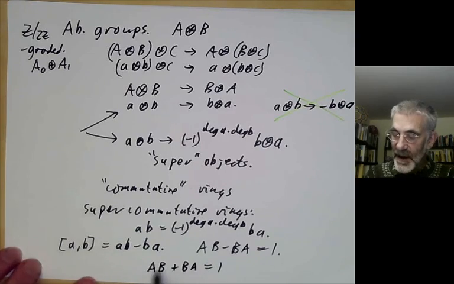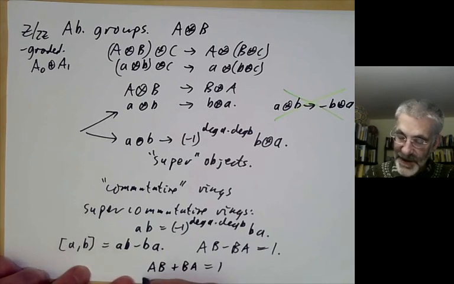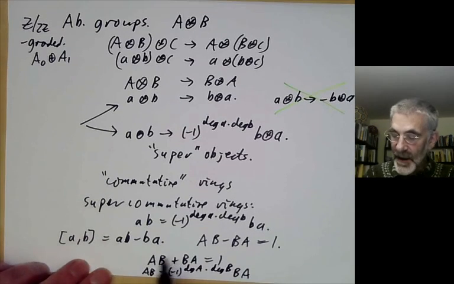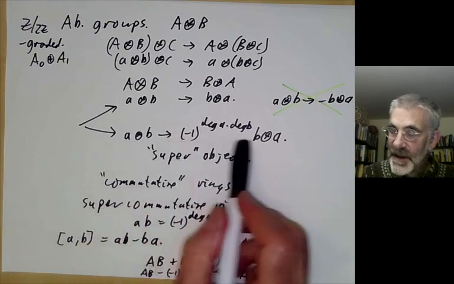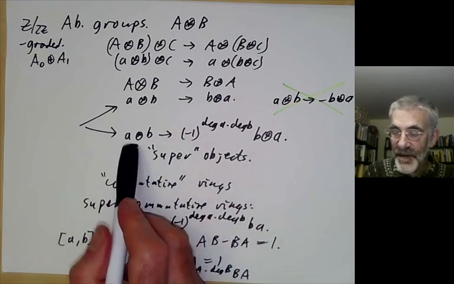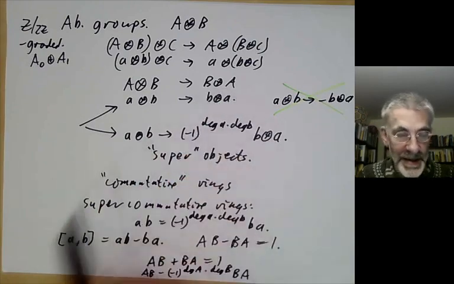So this is like a commutator, except it's got a sign error. We're saying AB plus BA instead of AB minus BA. So this is actually AB minus -1 to the degree A times the degree of B times BA. So what we've got here is a supercommutator of A and B. What physicists were really doing was working inside this twisted version of the category of abelian groups, where you have a funny change to the isomorphism between A tensor B and B tensor A.